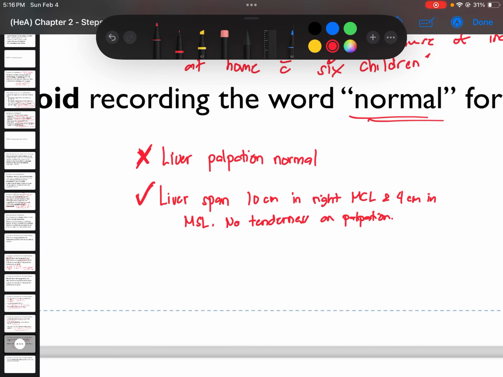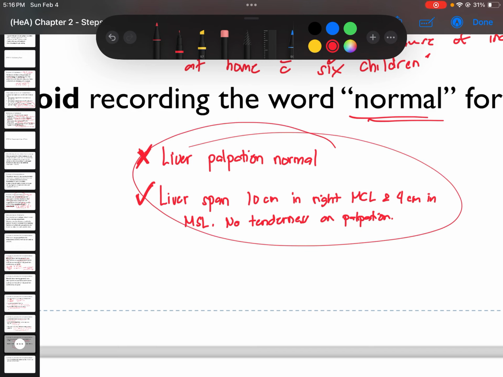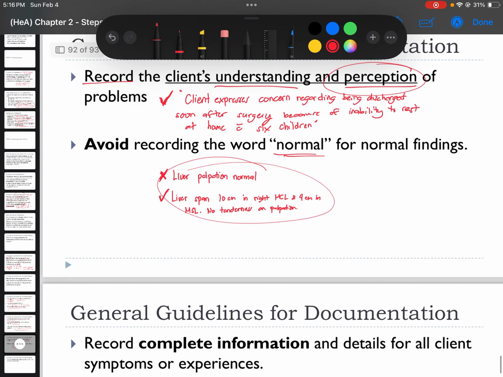So if that is the policy of your hospital, then you will just leave it blank. Let's say for example the liver, you will leave it blank if it is normal. But if there is an abnormal finding, that is the time you will chart by exception and then document the abnormal finding.